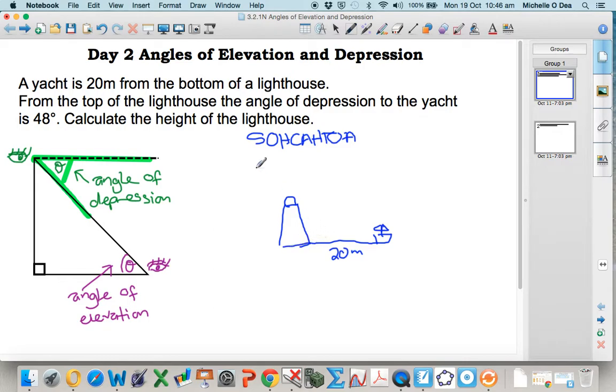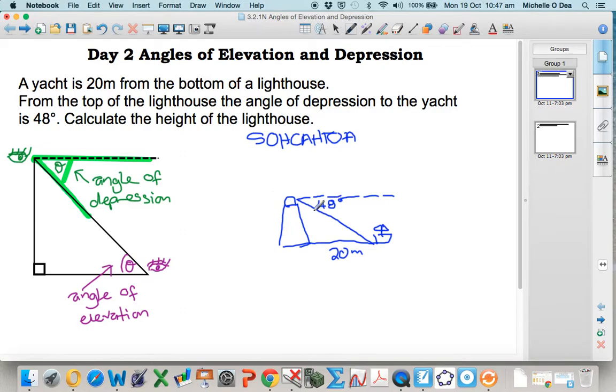Okay. From the top of the lighthouse, the angle of depression. So we're at the top. We're looking out. So remember, always draw in that depression, drawing the horizon first, and then the angle that we would be looking down. So we'll be looking down at the boat. So from the top of the lighthouse, the angle of depression to the yacht is 48 degrees.